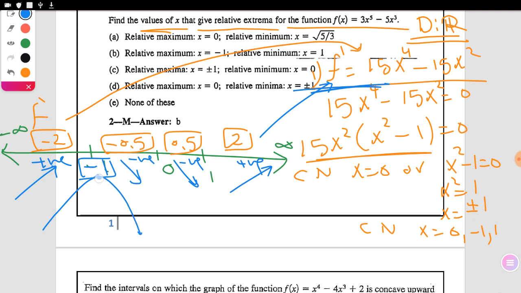In this case, we have a relative maximum at x equal -1. Clear? At 0, it is a critical number also, but the behavior of the function does not change around it. Decrease, and here decrease. So at 0, no extrema, because the behavior does not change.